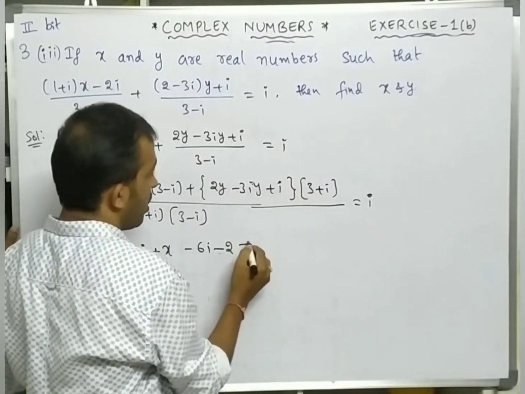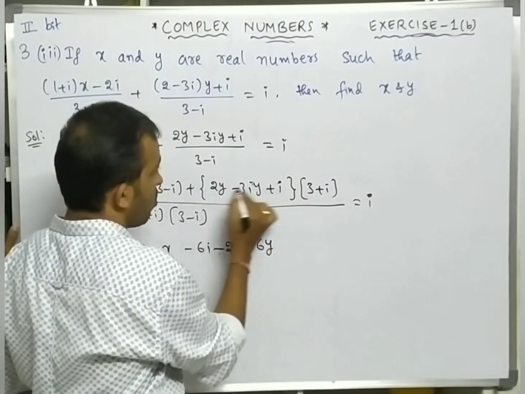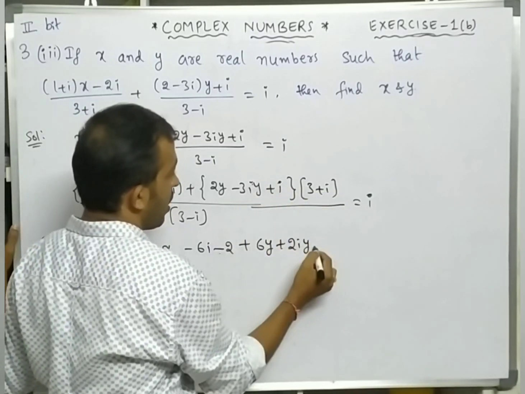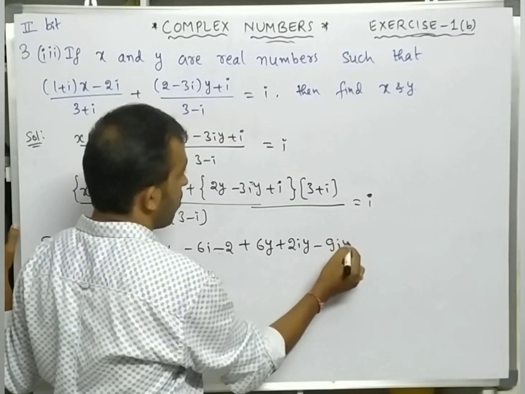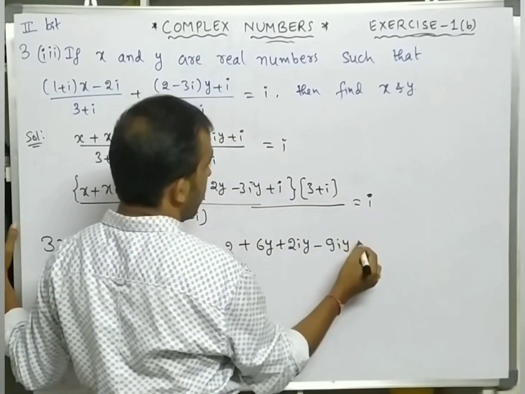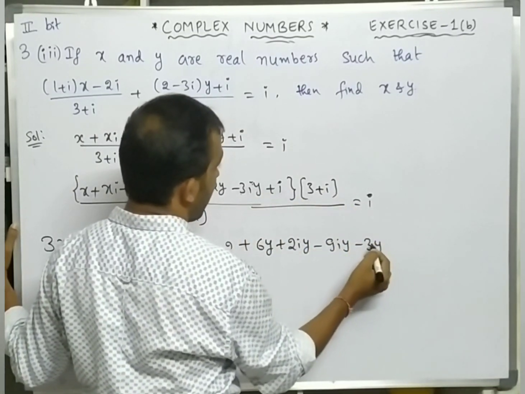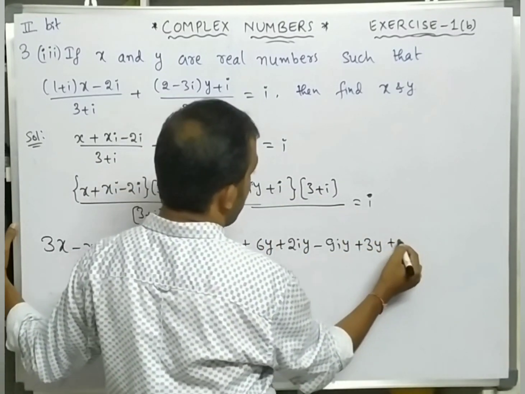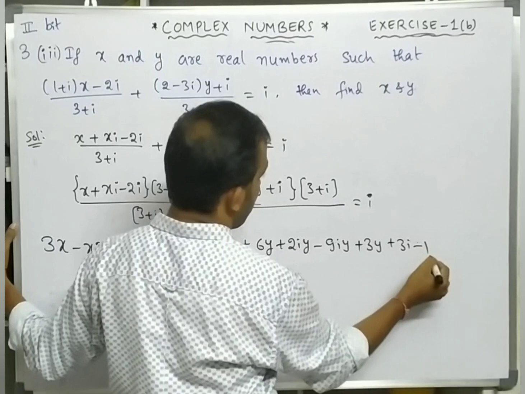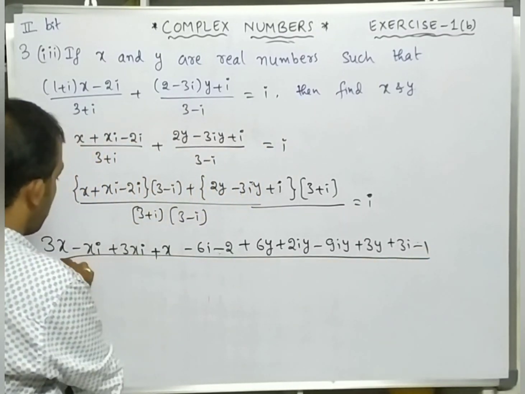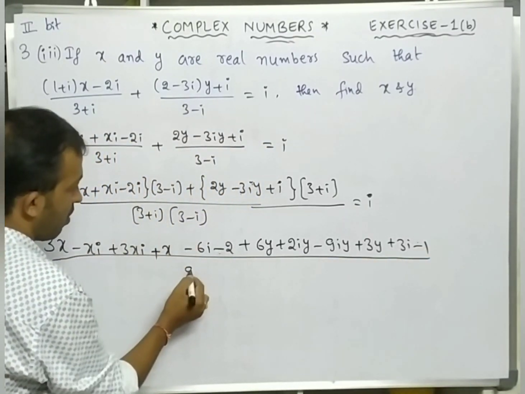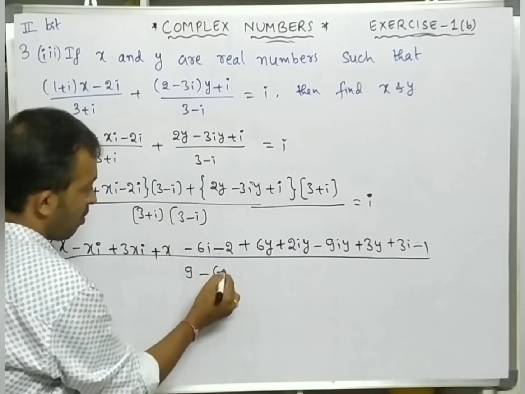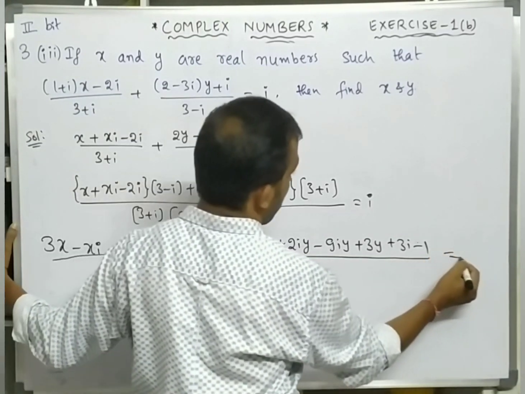Now 2y into 3, 6y, 2y into i, 2iy, minus 3iy, minus 9iy, minus 3iy into y, minus 3y i squared, minus into minus plus, i into 3, 3i, i squared minus 1, 3 squared 9 minus i squared, i squared means minus 1, which is equal to i.